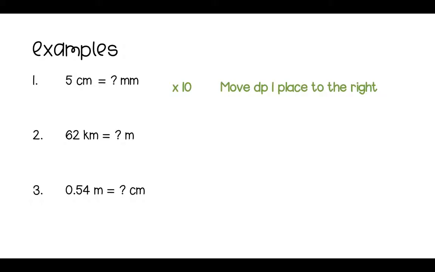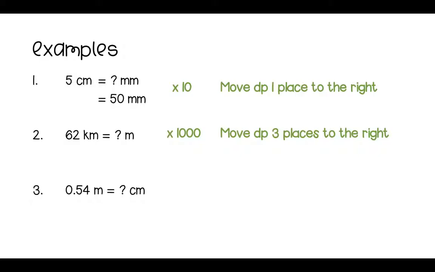So we move the decimal point 1 place to the right, which gives us 50. 62 kilometres to metres, there's 1,000 metres in 1 kilometre, so we're going to multiply by 1,000. So we're moving the decimal point 3 places to the right. So we're going to end up with 62,000 metres.